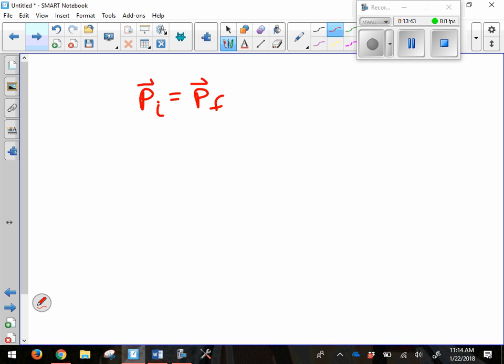Initially, I just have my total mass times that initial velocity, because my object is still all together.